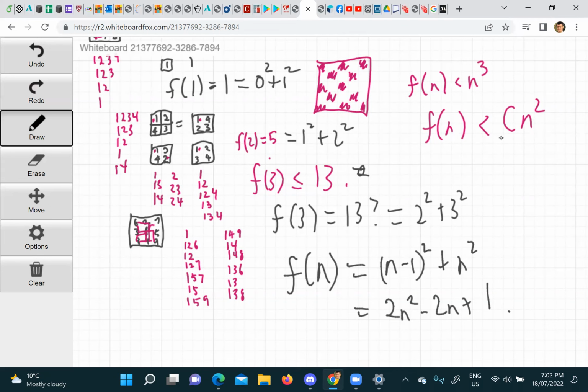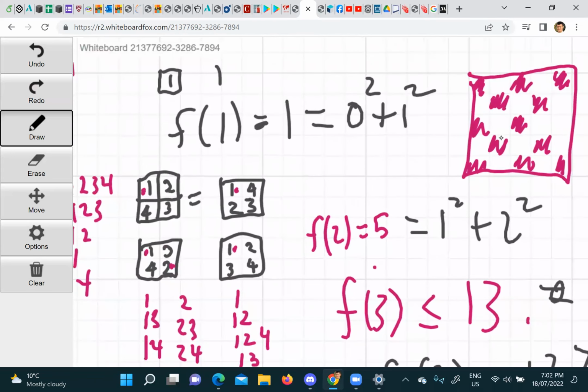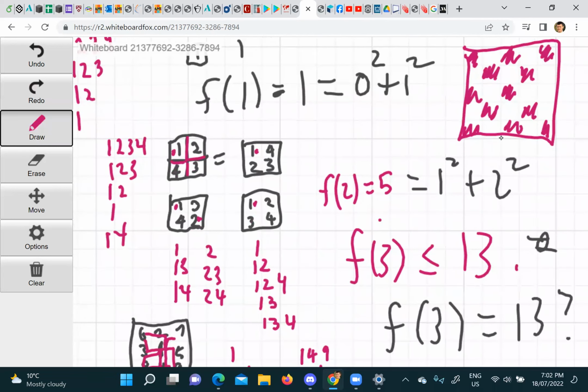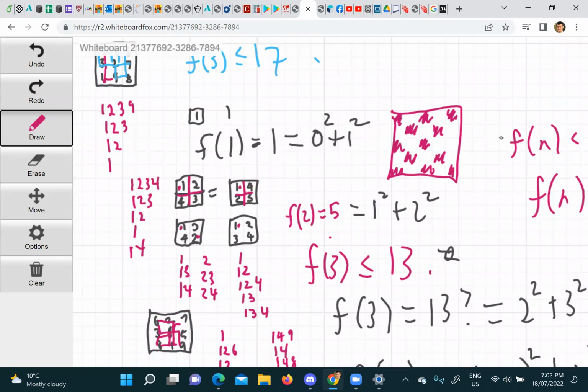If you take a grid, right, and you count the number of edges, okay? So here there's 1, 2, 3, 4 edges, yeah? Here there's 4 edges for 2 by 2. There's 0 edges for 1 by 1, yeah?